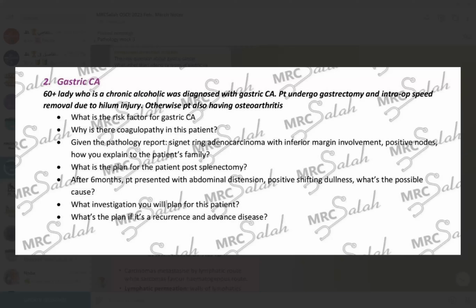Okay. The first question in this station, as I told you yesterday, the stem states that the patient has gastric carcinoma, splenectomy, and elevated liver enzymes. I'm starting from the beginning when this station came.